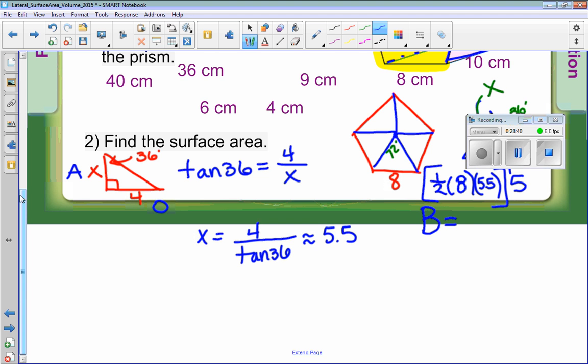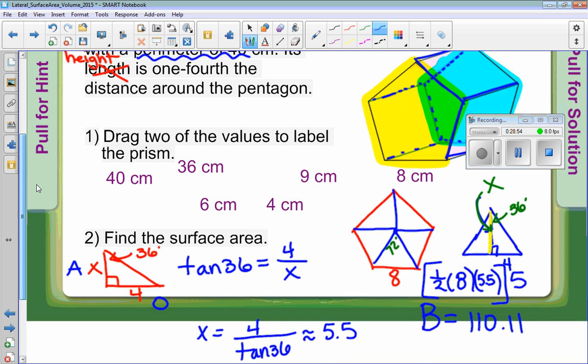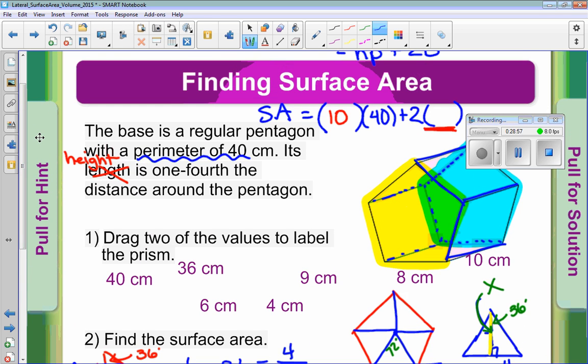For the area of the base? That's just one of the bases. And again, it's centimeters squared, but we'll get to that. I have 2 of them, don't I? Whew, okay. So let's go back up to my formula, and I'm going to plug in up here 110.11. All right, so 110.11. So I'm going to multiply that times 2, and then add 400.